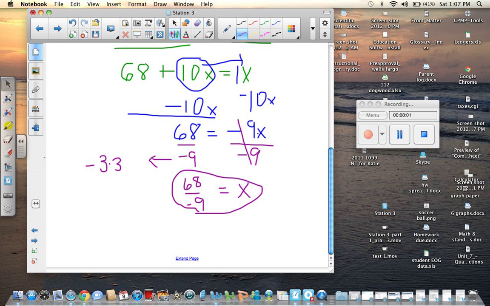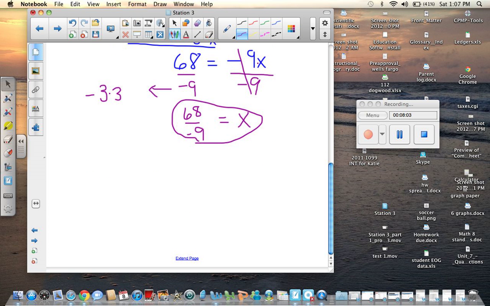Next, we can change this answer so that it's a mixed number. So we think about it. 9 times 7 equals 63. 9 times 8 is 72, which is too much.